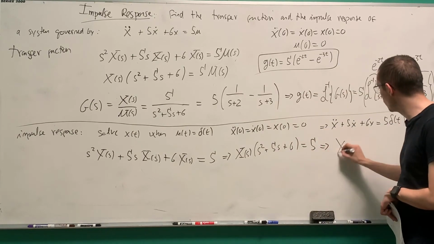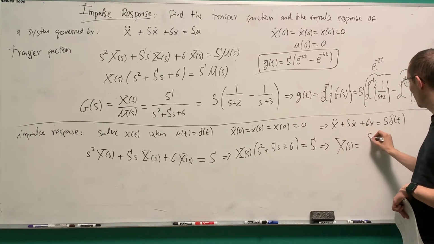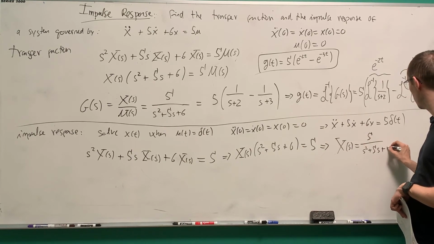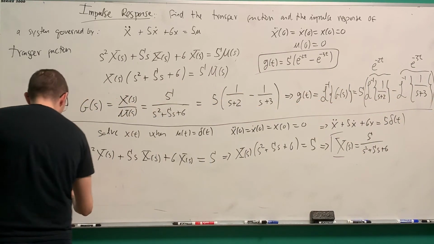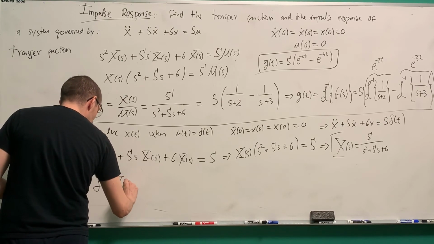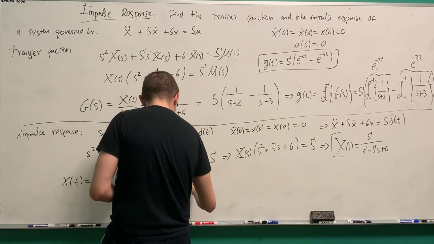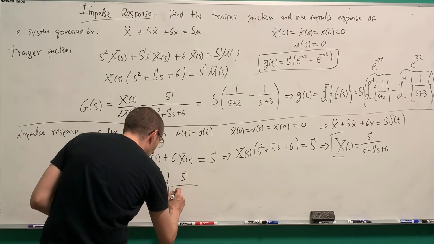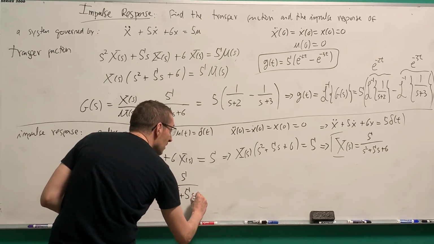So the solution in the s domain is 5 divided by s squared plus 5s plus 6. Now I need to compute x of t, which is the inverse Laplace transform of capital X of s, the inverse Laplace transform of 5 divided by s squared plus 5s plus 6.